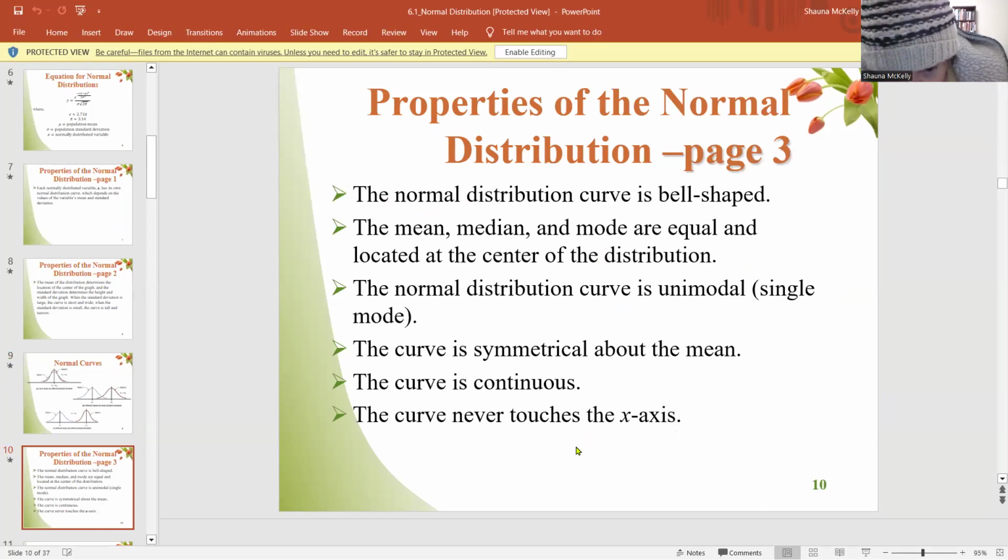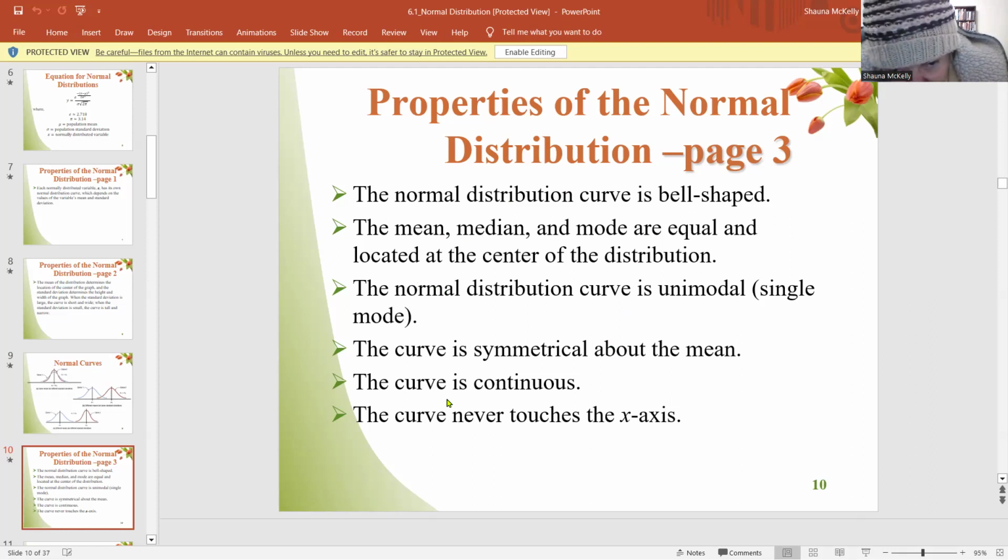She's looking for that first question, she's looking for all these properties on slide number 10. The normal distribution curve is bell-shaped. The mean, the median, and the mode are all equal. The normal distribution has a single mode, a single peak at the top. The curve is symmetric about the mean. The left half looks like the right half. The curve is continuous and it never touches the x-axis. It might look like it does, but it never does. These are properties of the normal distribution.